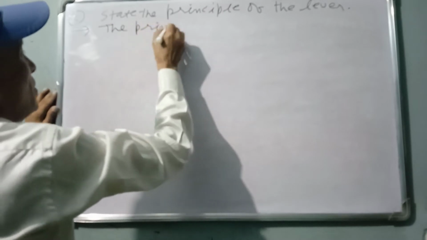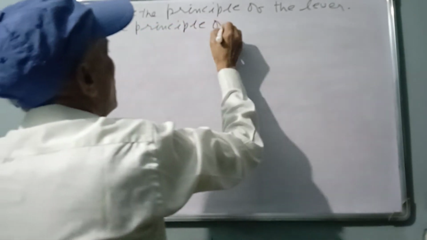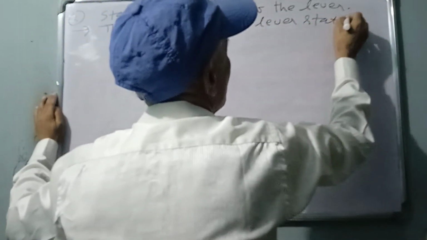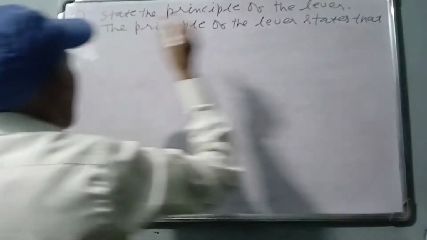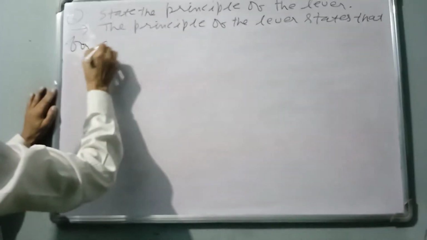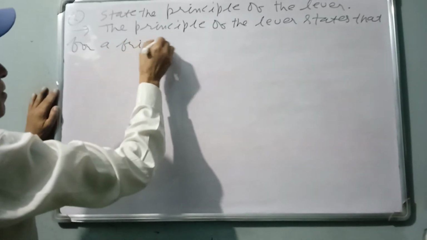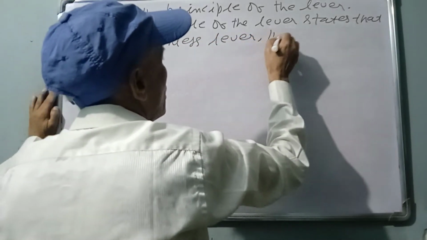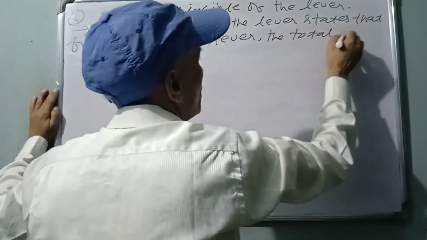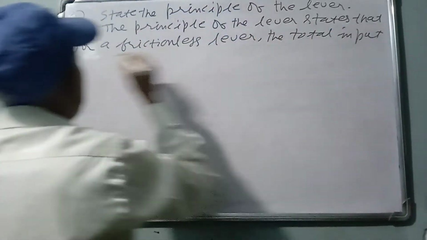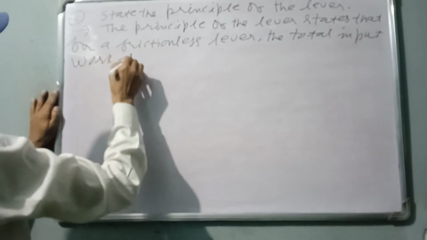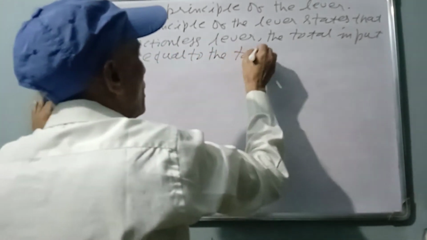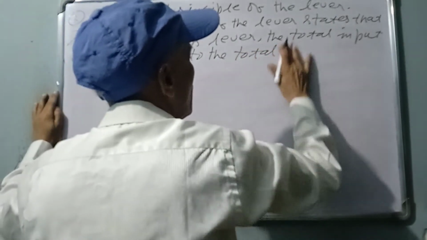The principle of the lever states that, what does it state? States that for a frictionless lever, the total input work is equal to the total output work.